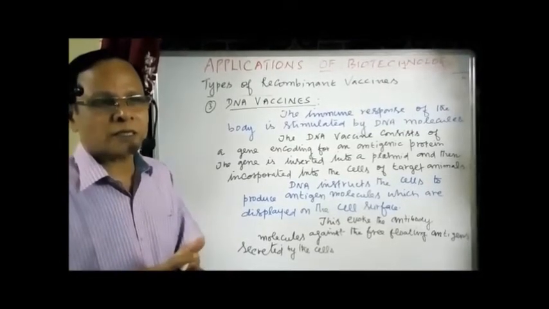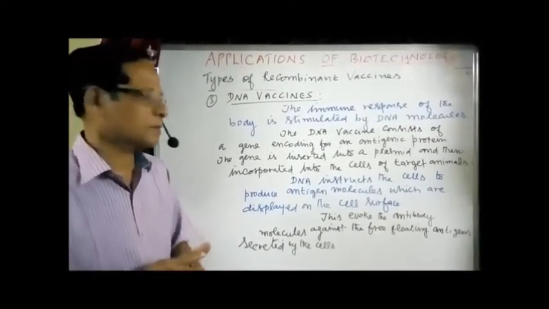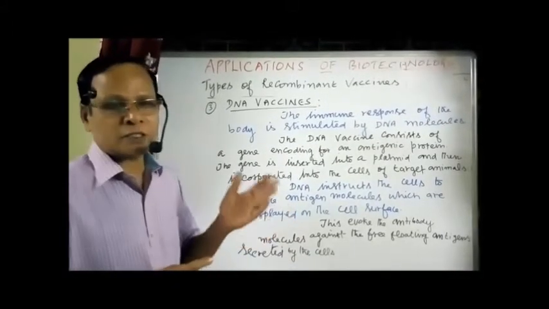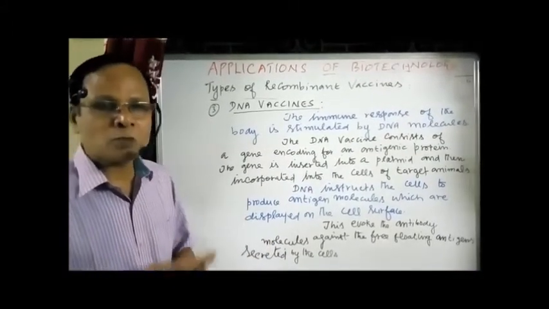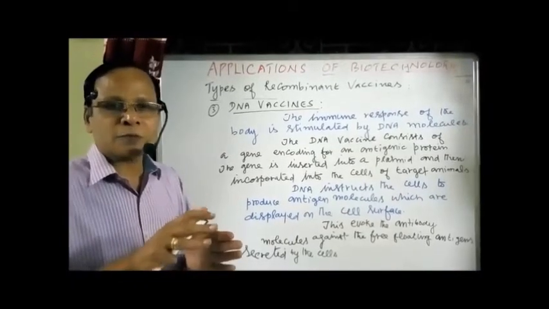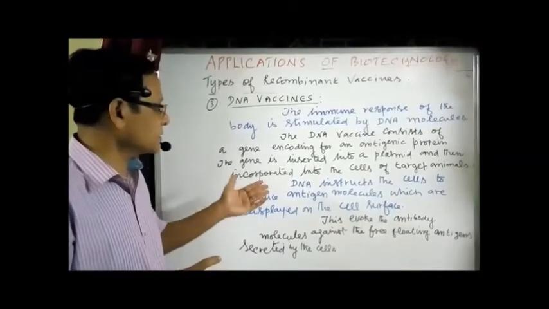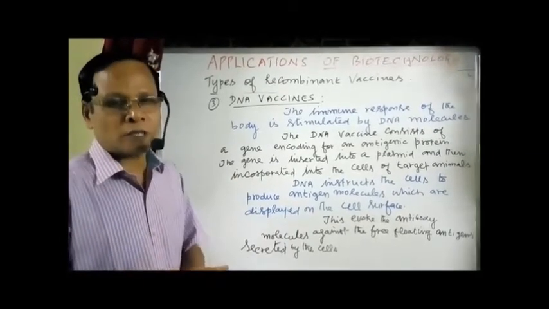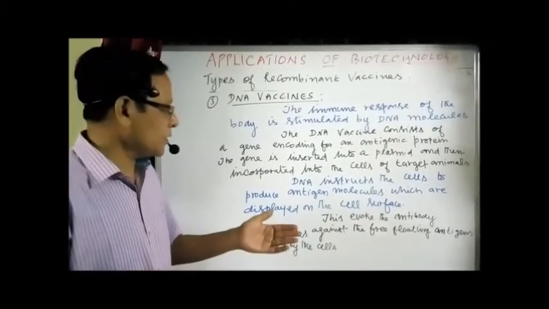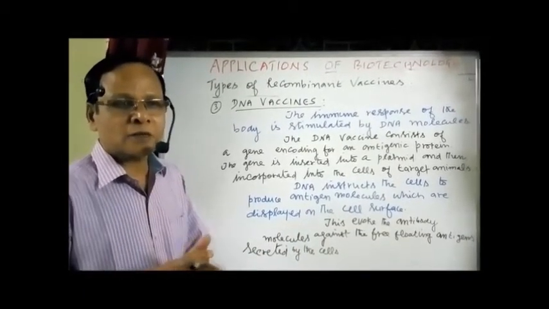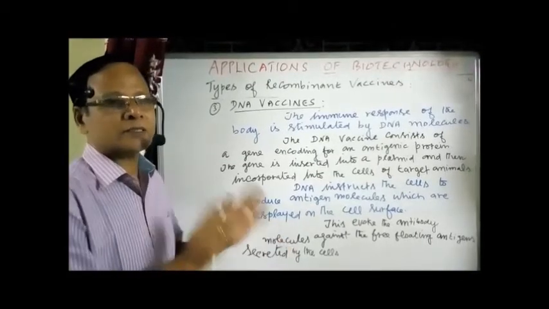This stimulates the production of antigen molecules which are displayed on the surface of the cells. Once the antigens are produced, these evoke the antibody molecules to work against the free floating antigen secreted by the cells.